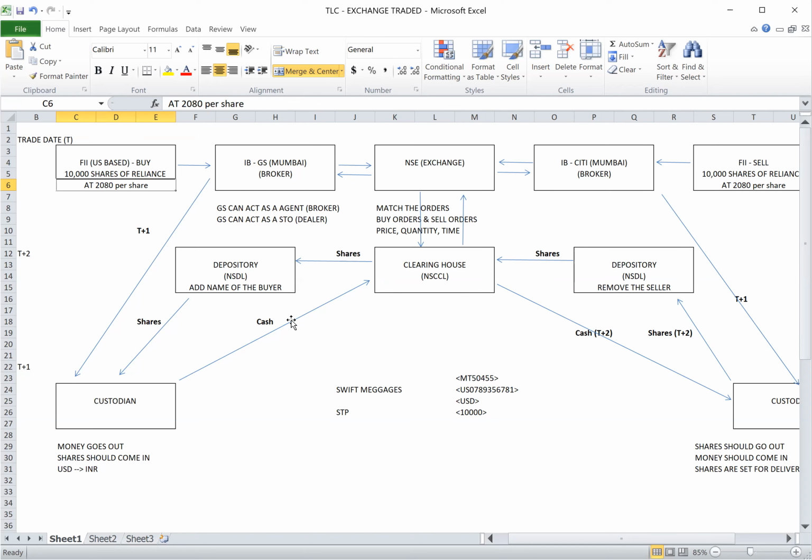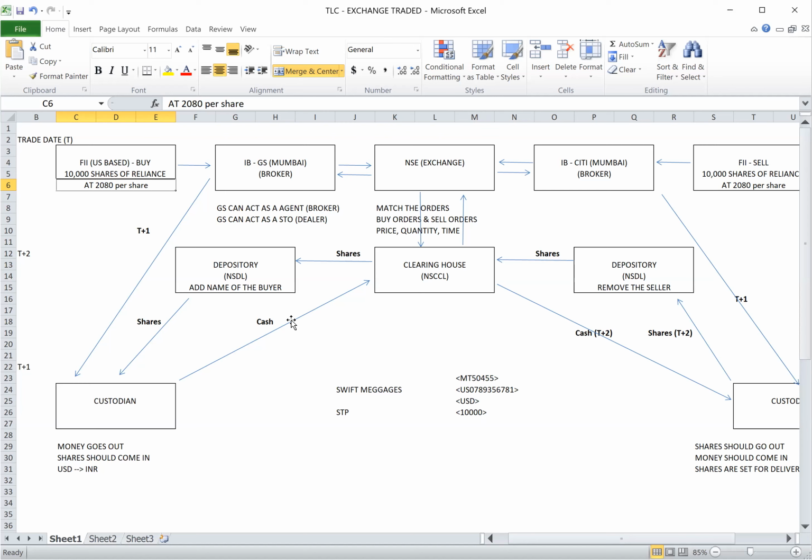So where do these 10,000 shares need to be delivered? To the custodian, right? And from where would the cash come to pay for these shares? From the custodian.